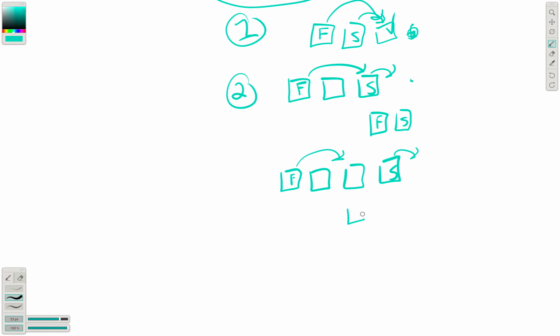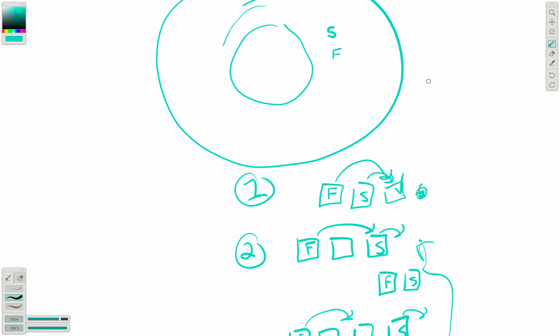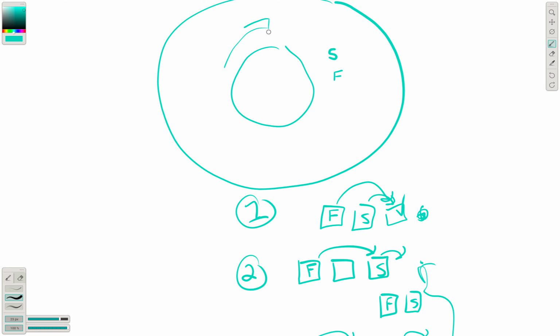Okay, so then we get F blank S. And look, we are in number 2 again. And so the idea is that wherever they start this trend, by the time they're at the halfway point, which is like here, S is going to be here, and then the fast guy is going to be all the way here.